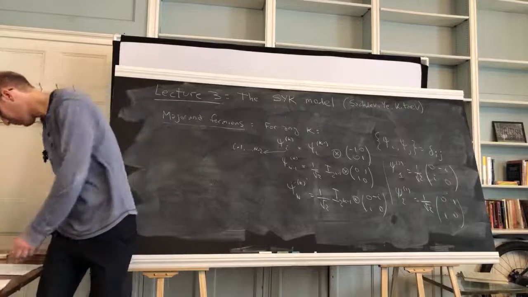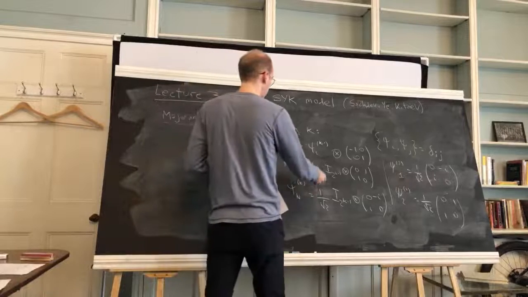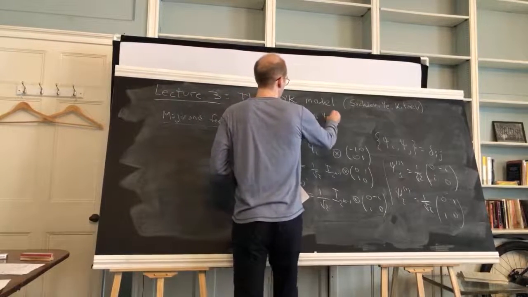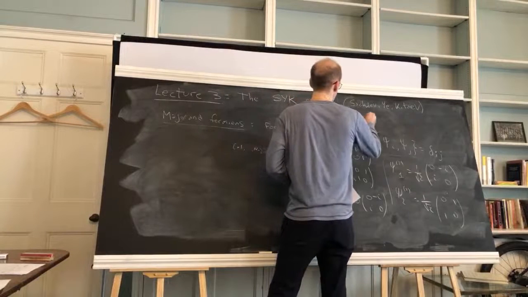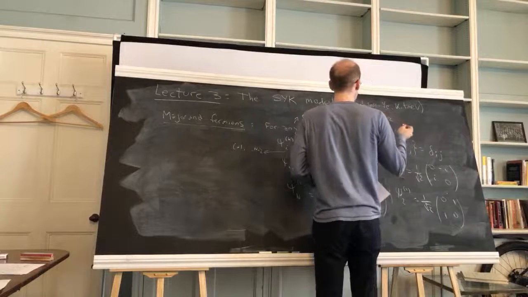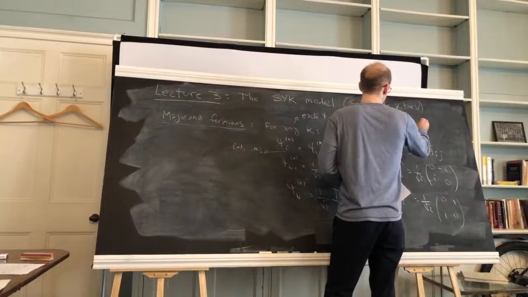And so you can see from here that each fermion is a 2 to the n over 2 times 2 to the n over 2 matrix.